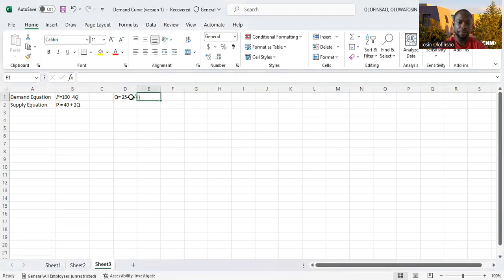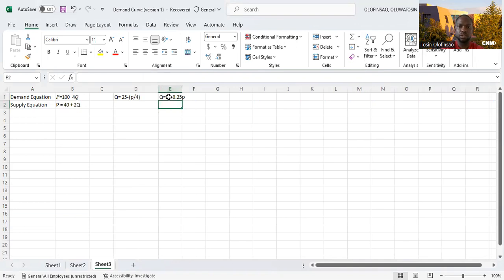Or you can say that Q equals 25 minus 0.25 P. In either way you want to solve it, if you have any problems trying to solve this, let me know. We can definitely do that together. It's just like switching, trying to solve for Q. Change the place for P, change the place for Q, then try to solve for Q.